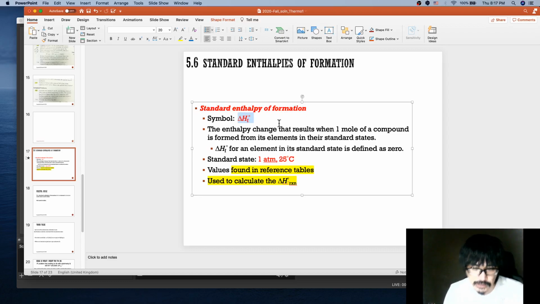Generally speaking, almost all textbooks have this reference table.